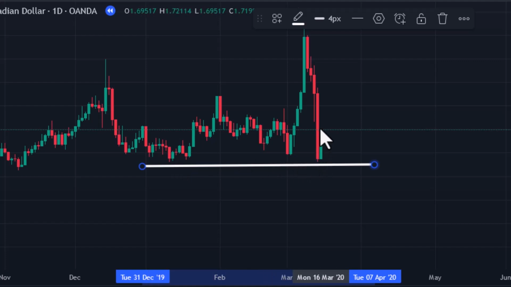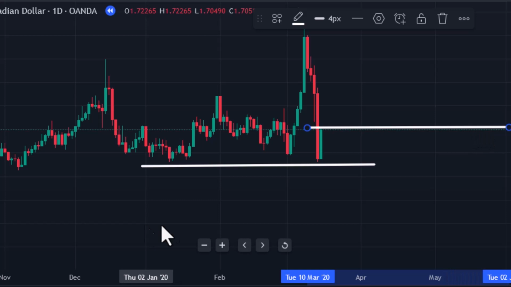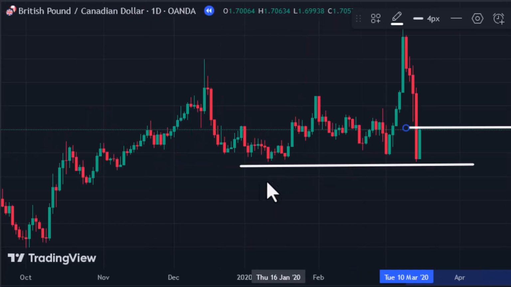Because this support held, you decide to enter at this level, which is okay. But one thing you need to know is that when you are entering, you need to consider all the previous supports and resistance depending on the direction at which your trade is going.